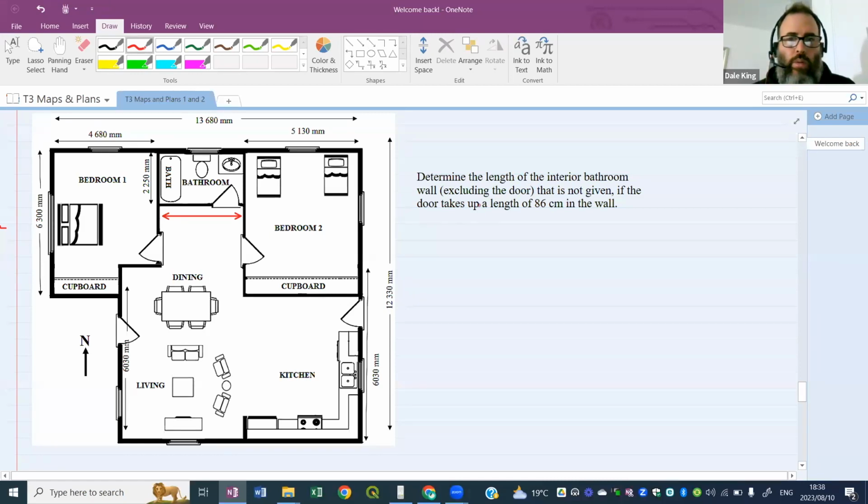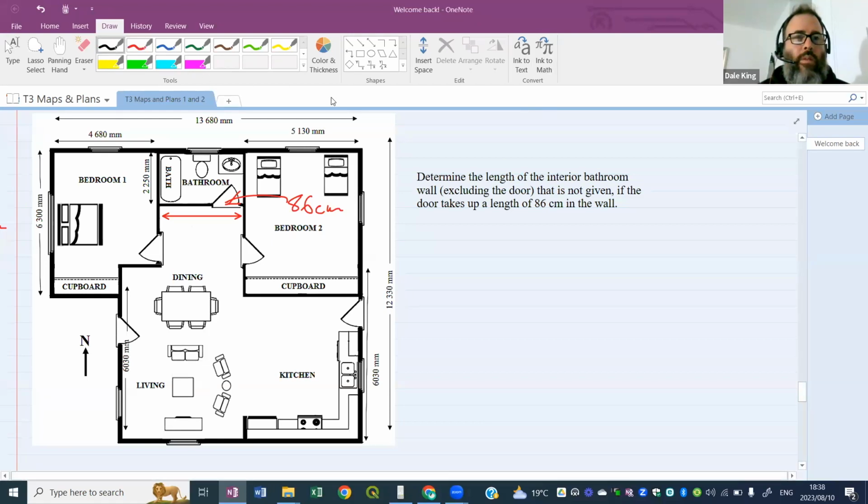They don't want the door. If the door, this door that I'm pointing an arrow to, is 86 centimeters, what is the length of the bathroom wall without the door? And I want this in centimeters. Let's give it in centimeters, please.